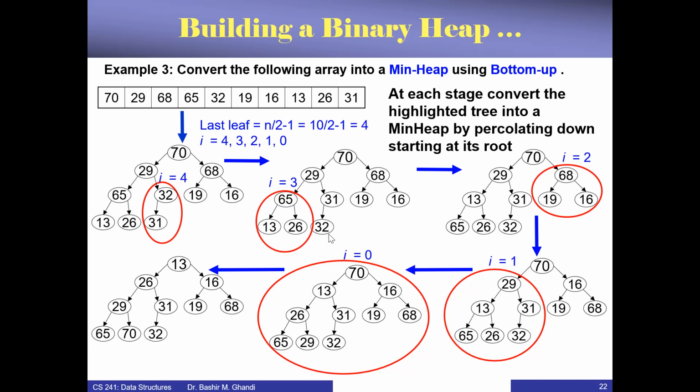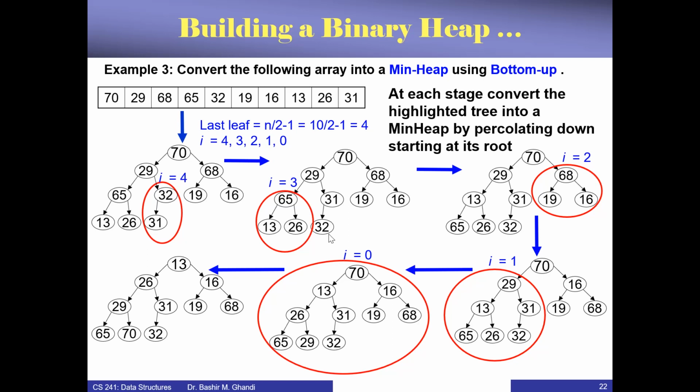Now consider the other way around using the top-down method. How many calculate ups do you have to do in the worst case, in the worst scenario? If you are inserting 10 elements, the only one you are guaranteed will not involve calculate up is the first one, because it's the only one.